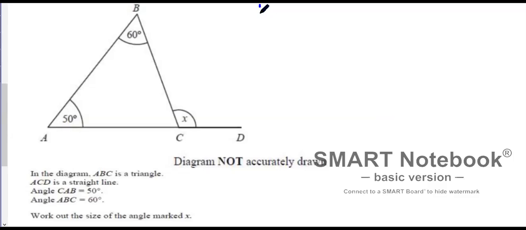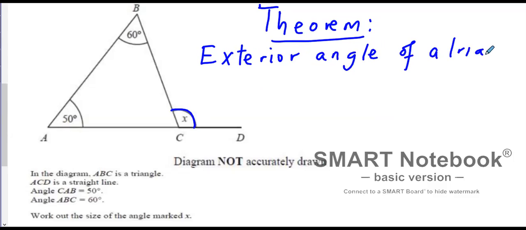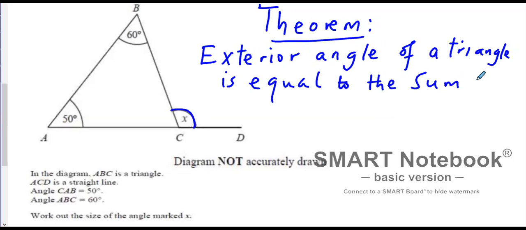Now there is a theorem which says that the exterior angle of a triangle, exterior angle meaning the angle formed outside the shape, is equal to the sum of the two interior opposite angles.